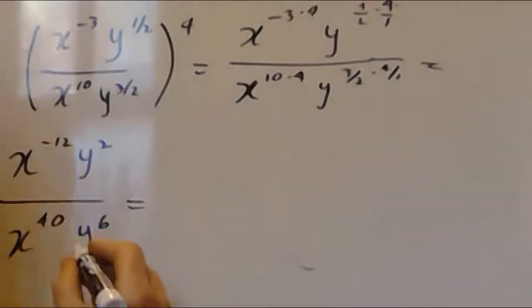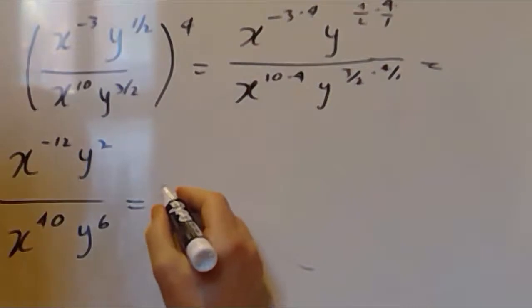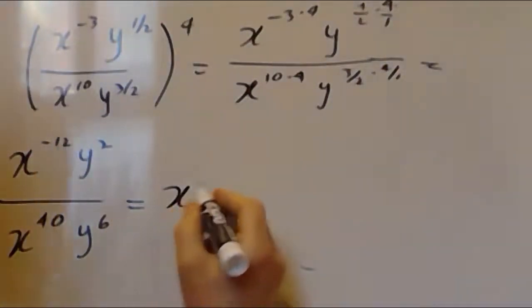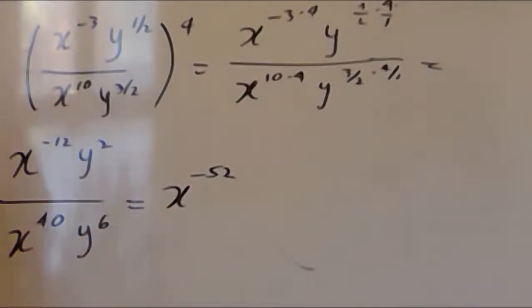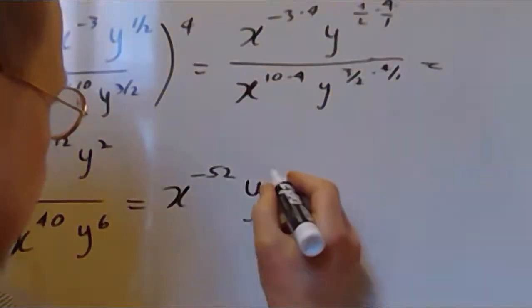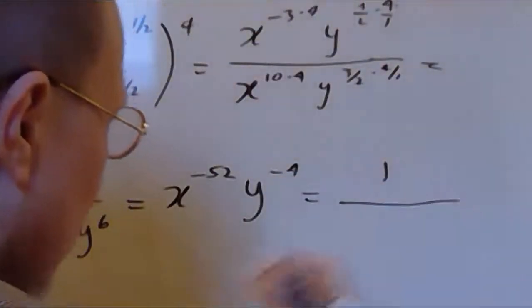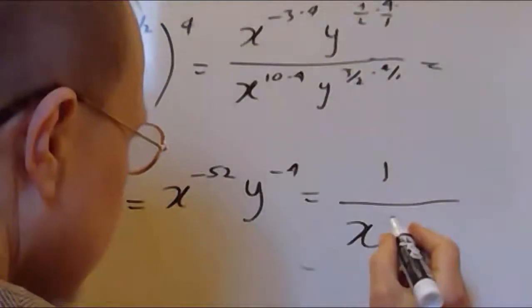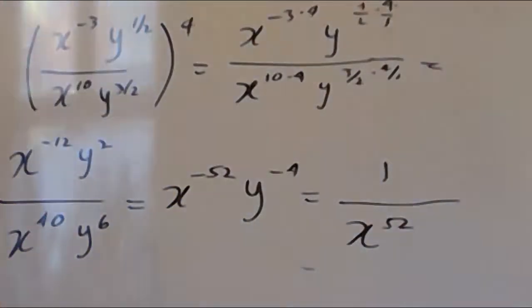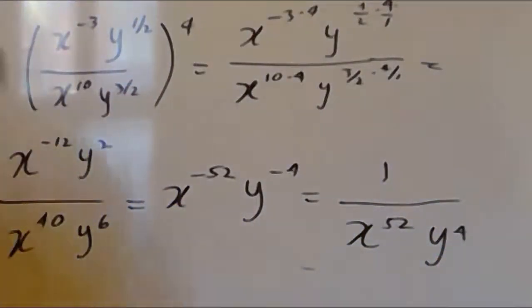And then you work out, so you have negative 4/3 minus 40, and 2 minus 6 will give you y to the negative 4. But remember, with negative exponents, we must remember our 1 on the top. We want to make it positive. 1 over x to the 40 and a third, y to the 4th.